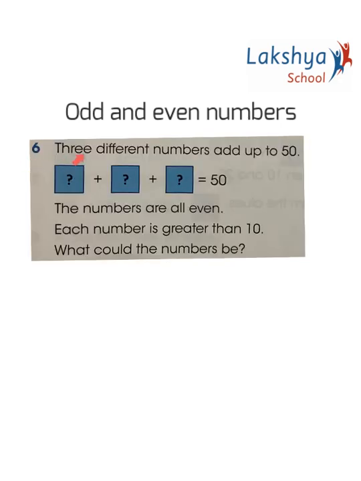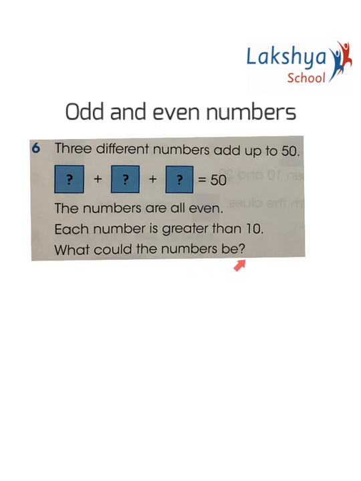Question 6. Three different numbers add up to 50. The numbers are all even. Here there are three numbers which are all even and add up to 50. Each number is greater than 10, so it should be more than 10. That may be 12, 14, 16, etc., because it is an even number.